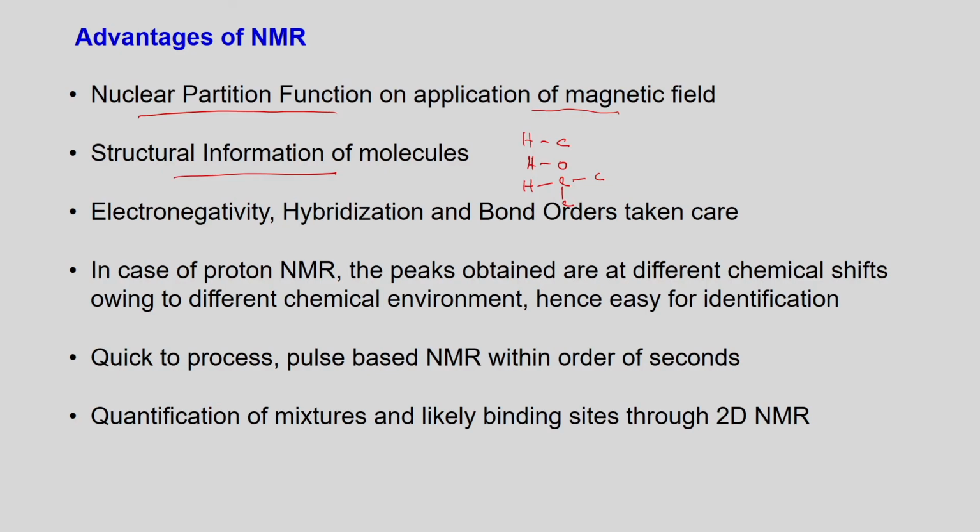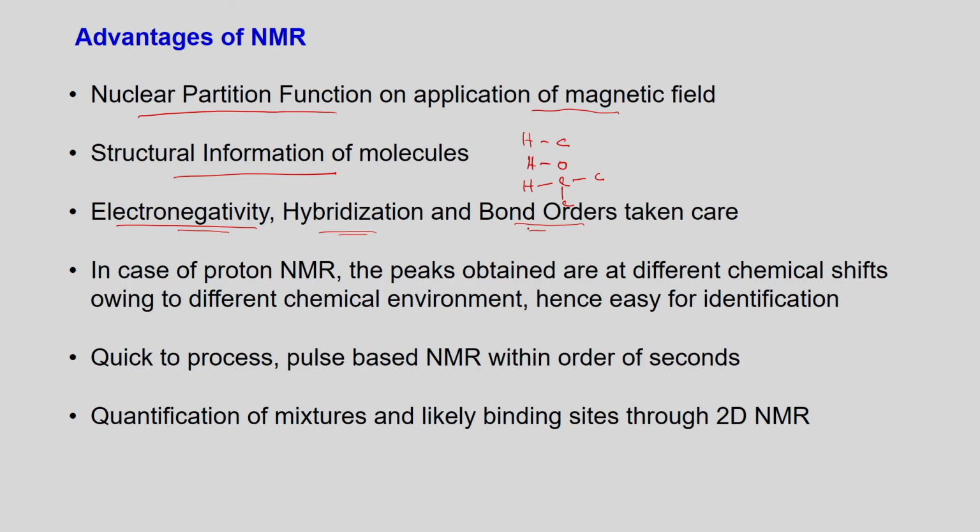It gives structural information just like infrared spectroscopy. But all these spectra are affected by electronegativity, hybridization and bond orders. This we will see in the next lecture. So, how do these affect?